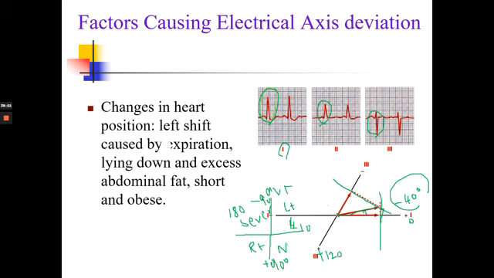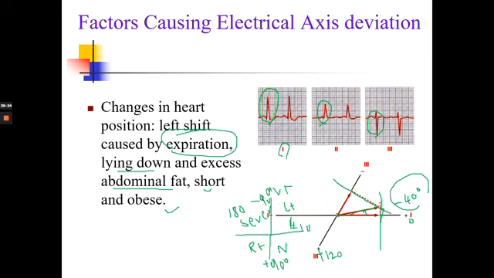So changes in heart position cause left axis deviation, maybe during expiration, lying down, or excess abdominal fat. So here you can have left axis, maybe it is the normal position of the heart in fatty, short and obese people.